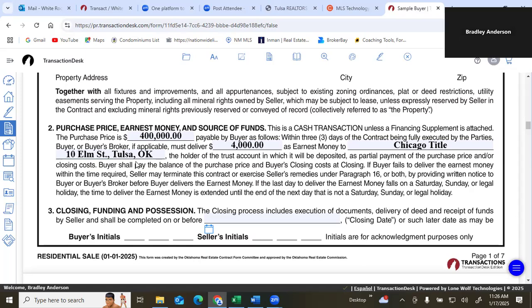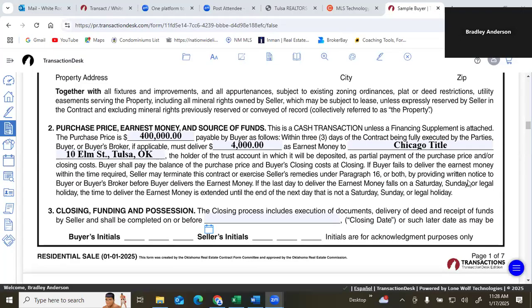Buyer shall pay the balance of the purchase price and buyer's closing cost at closing.